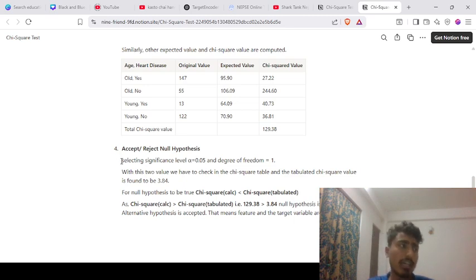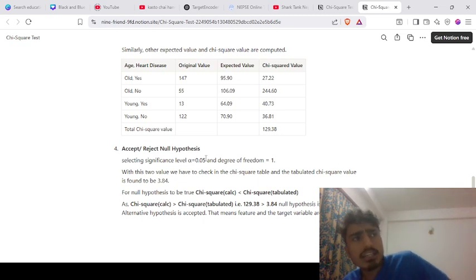Here I have already mentioned the degree of freedom, which plays the most crucial role in calculating the chi-square test. And another major term that we're gonna need while performing this chi-square test is the significance level.